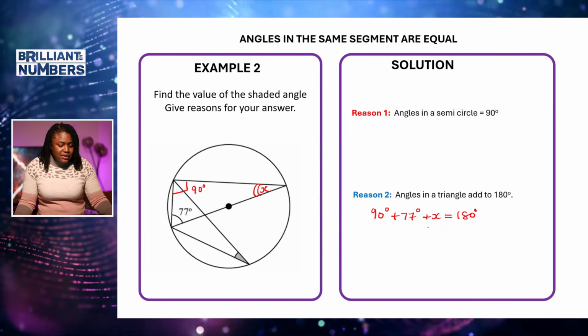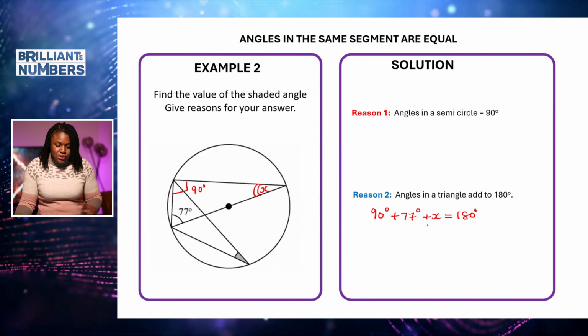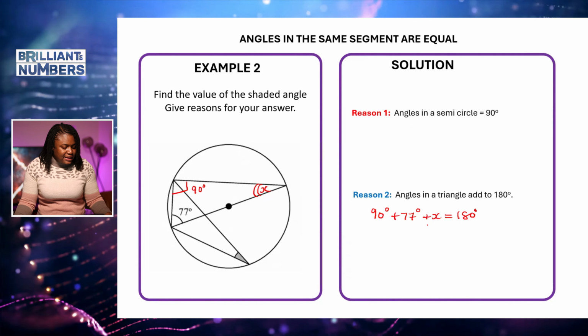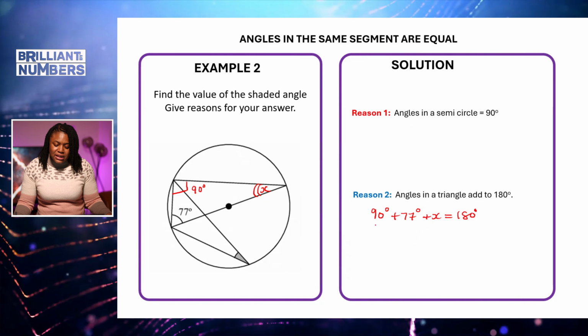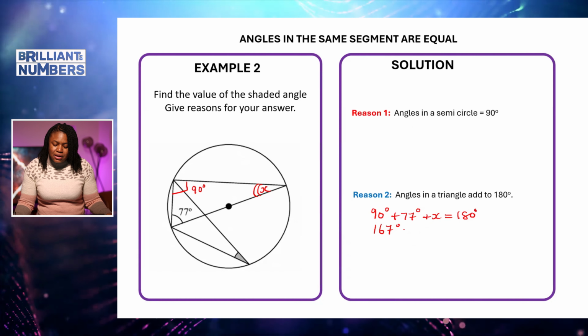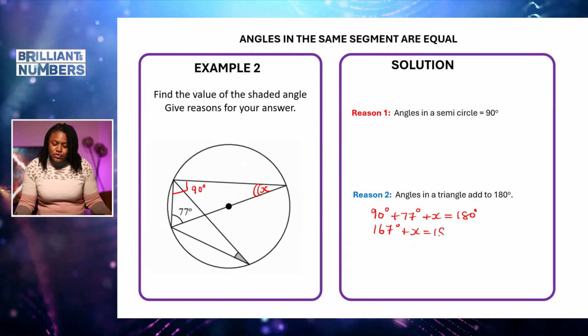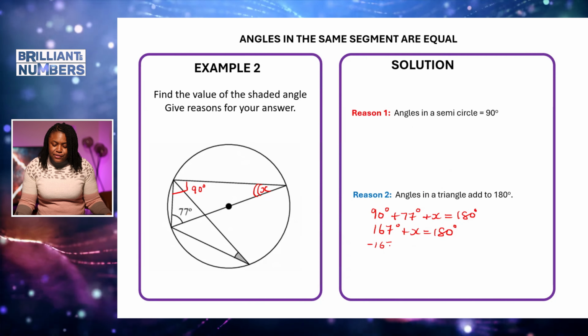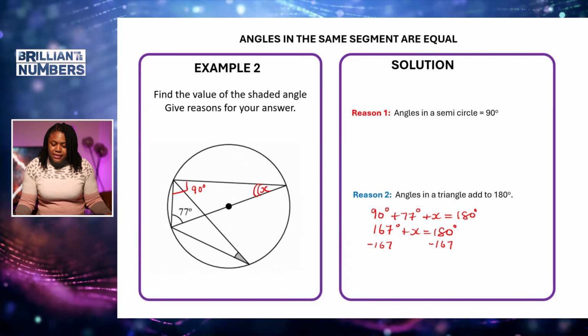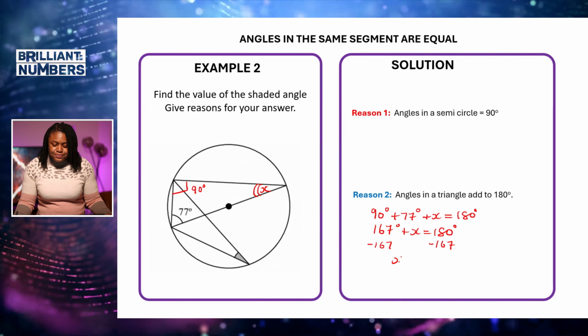But since I've written this equation already, I'm just going to use the entire thing. So we just need to add 90 plus 77. That gets us to 167 degrees plus x equals 180 degrees. Now I need to subtract 167 from both sides, and then I would have found x.